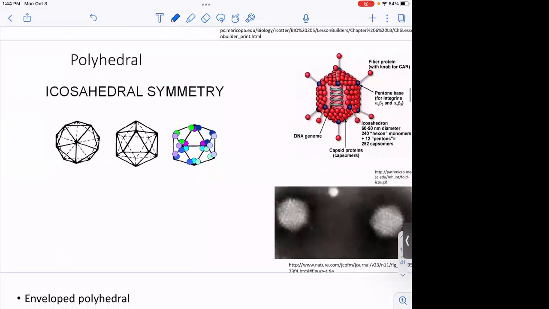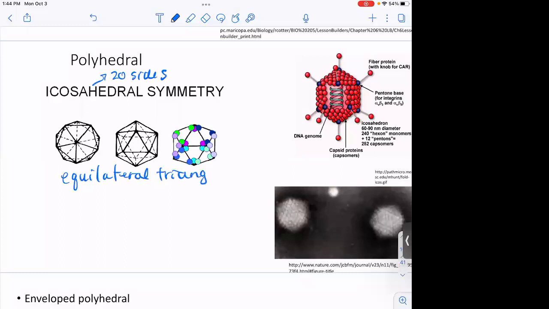That polyhedral capsid. A polyhedron is a many-sided shape. I couldn't find any examples of polyhedral capsids that were not actually icosahedrons. So that's a shape that has 20 sides. And most often, those 20 sides are going to be equilateral triangles.